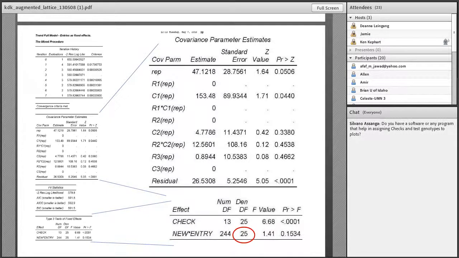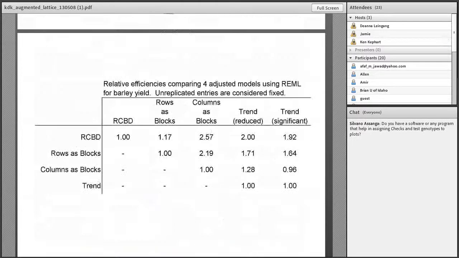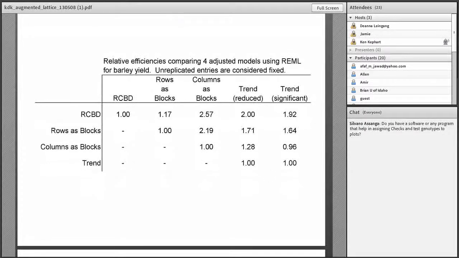So what I decided to do then, and the reason why I asked for that covariance test, was so that I could look at the parameter estimates. If you've ever calculated estimated or expected mean squares, it shows you two things.